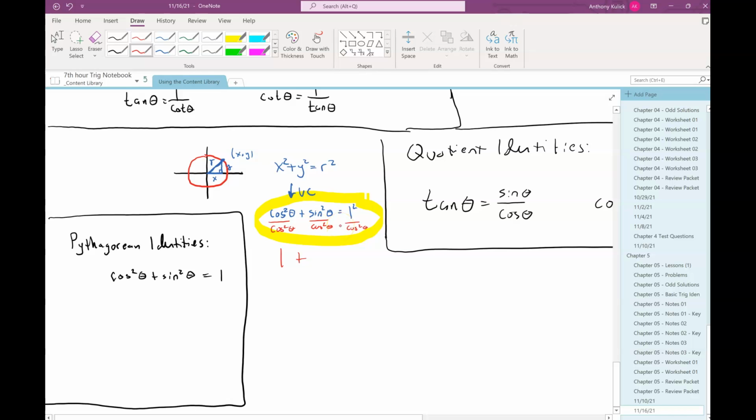Sine squared divided by cosine squared is going to be tangent squared. And then 1 over cosine squared is secant squared. So that's our second Pythagorean identity, just a different version of sine squared plus cosine squared equals 1.